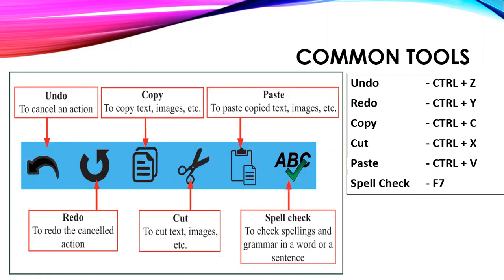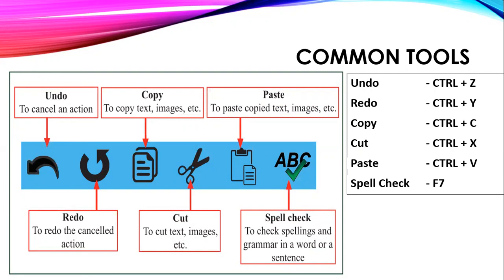Then if you want to cancel the action, we are using redo. For undo, the shortcut key is Control plus Z. And for redo, we can use the keyboard shortcut Control plus Y.